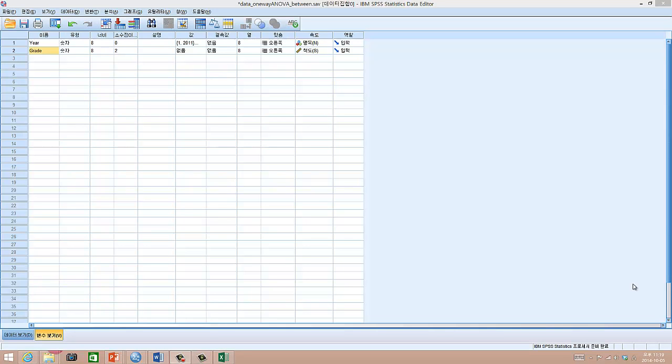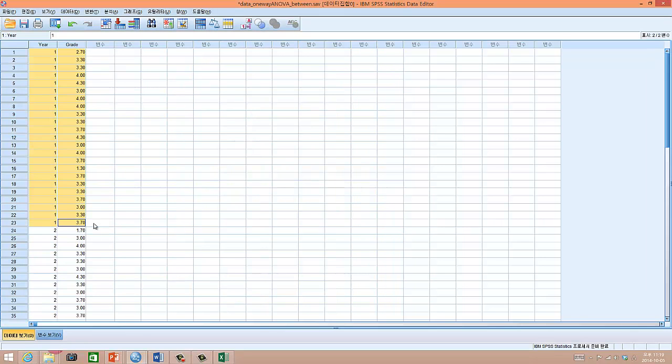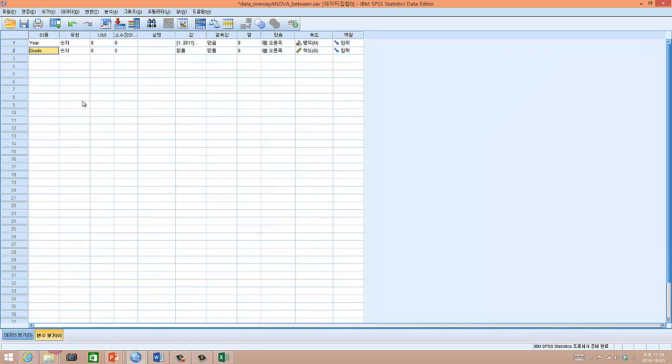Now let me show you how we can perform the one-way ANOVA test in SPSS. We, of course, use the same data, and the thing which is unique in SPSS is that we need to put the data vertically. So basically we are handling two variables.